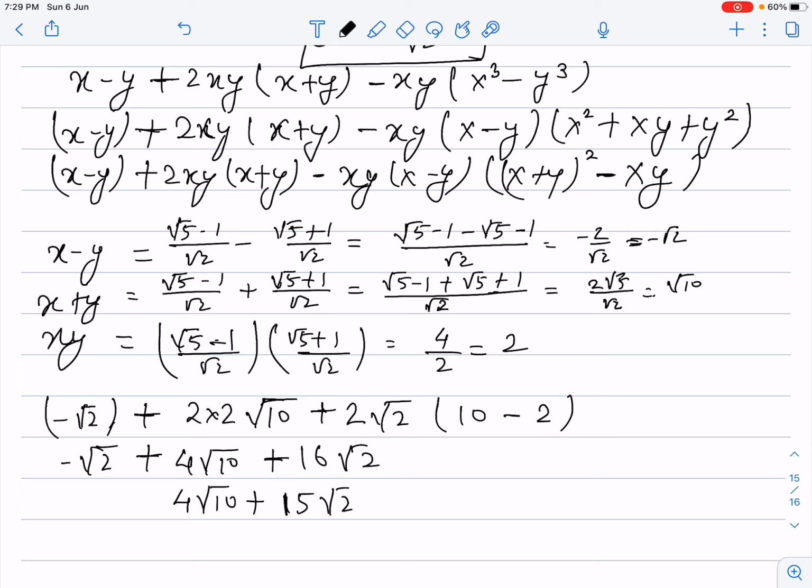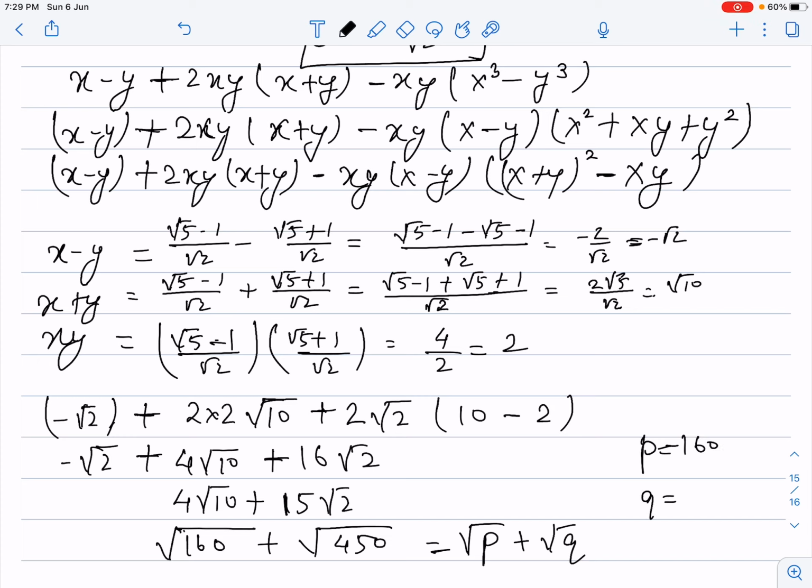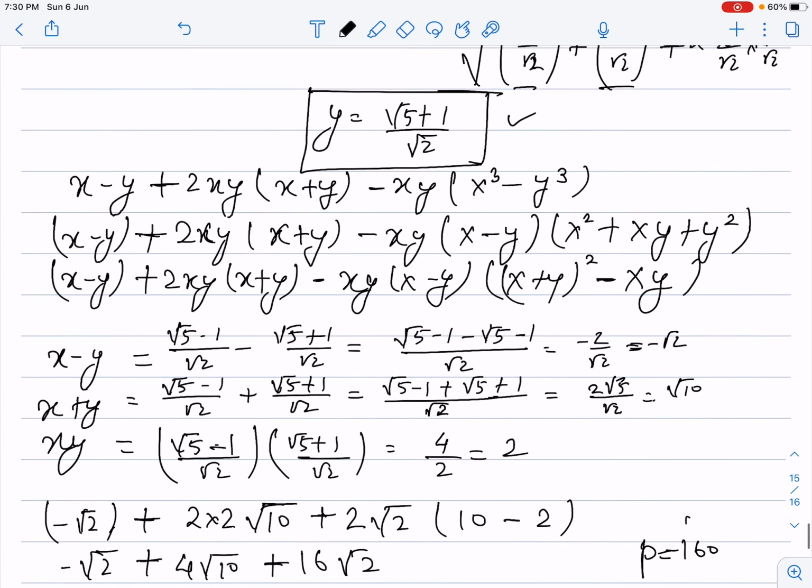Now my dear students, it will go inside the square root, written as 160, and this will come as 450, which is equal to root p plus root q as given in the question. So p will become 160 and q may become 450, or vice versa, but they have asked for the p plus q value, so that will become 610.